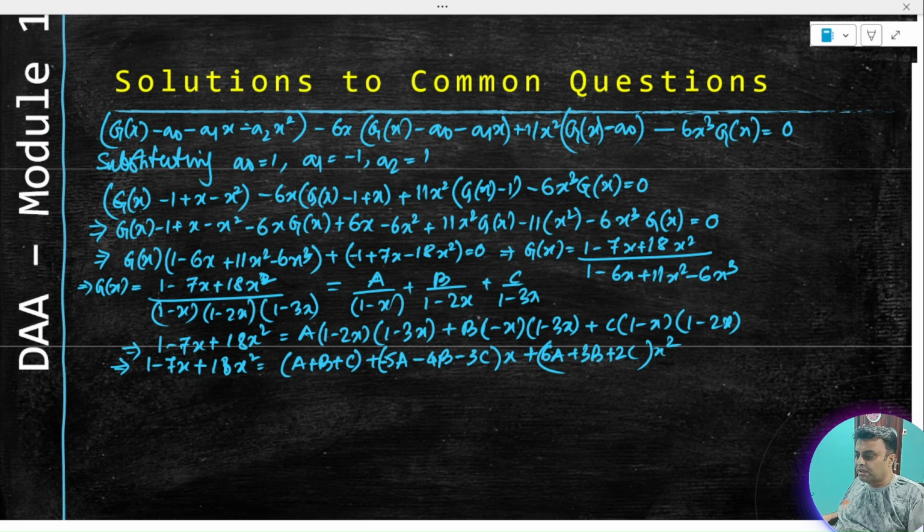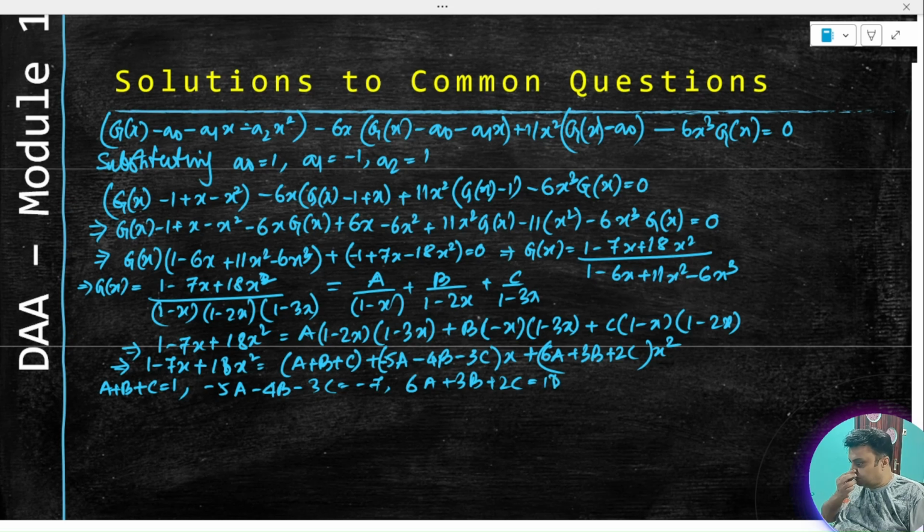And then if you compare it with the left side in terms of the coefficients of x square, x and 1, then you will see that a plus b plus c is equal to 1. Another equation will come as minus 5a minus 4b minus 3c equal to minus 7. Another equation will come as 6a plus 3b plus 2c equal to 18. So if you solve this, then you will get a equal to 6, b equal to minus 8 and c equal to 3. This will be your solution.